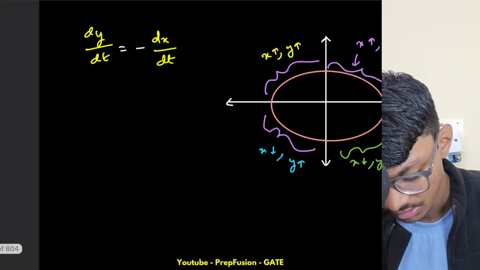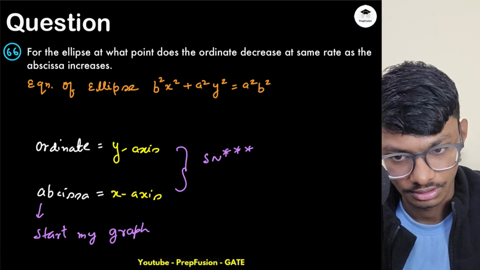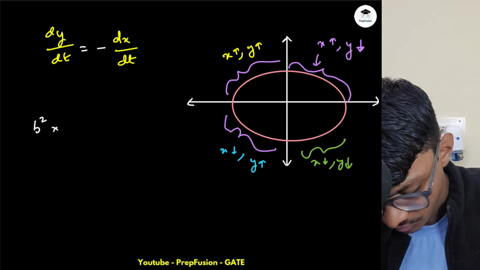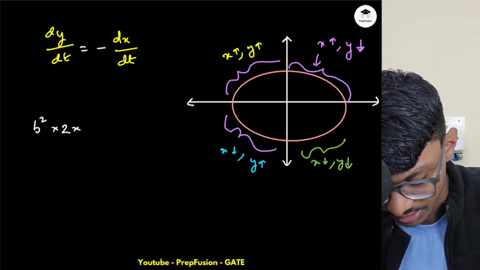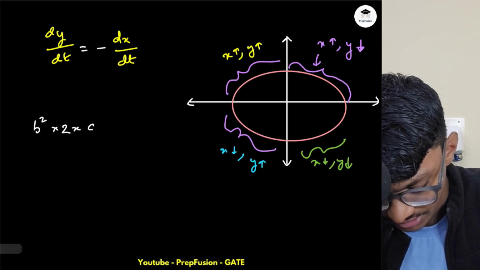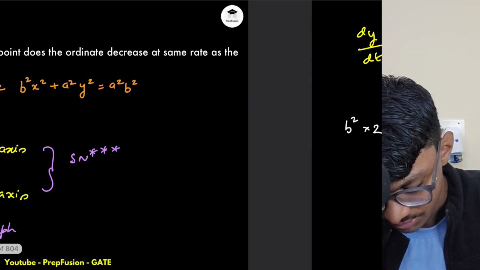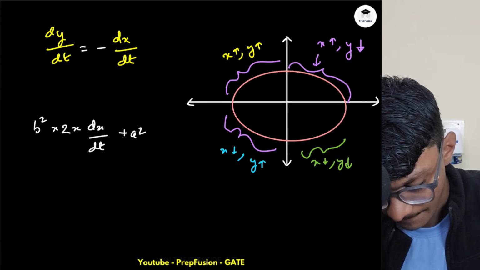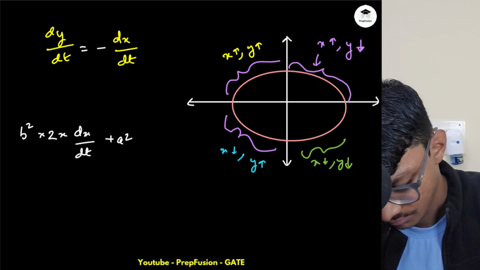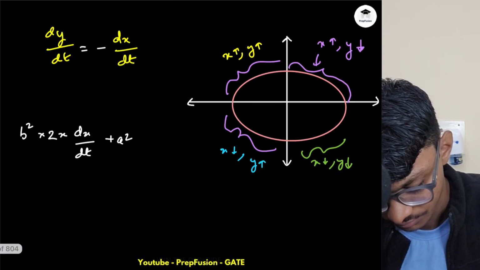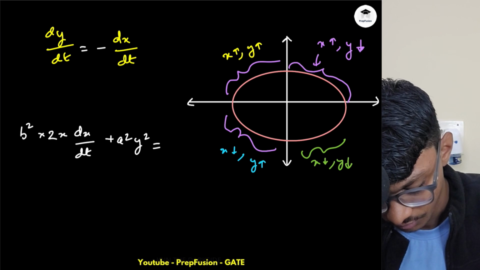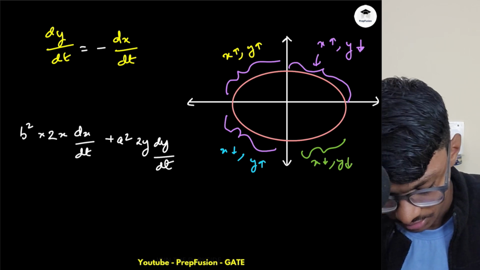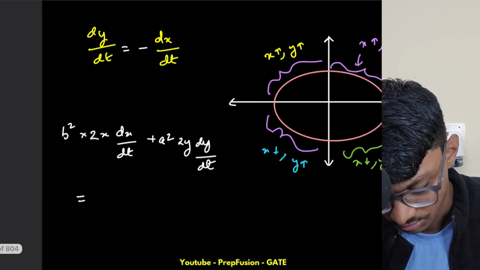So what we can do, we can take the derivative on both sides, right? So b square is constant with respect to time, this is the implicit equation. I can take the derivative: 2x and the derivative of the inside function is dx upon dt, plus a square into 2y dy upon dt equals to 0, right?